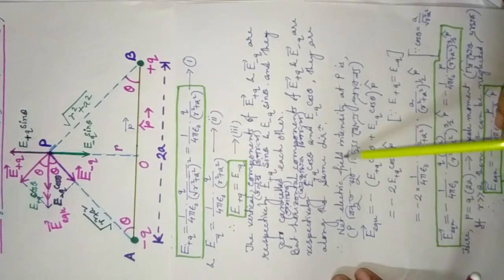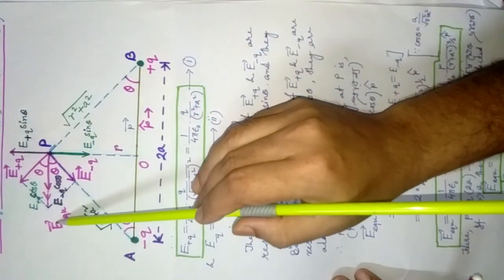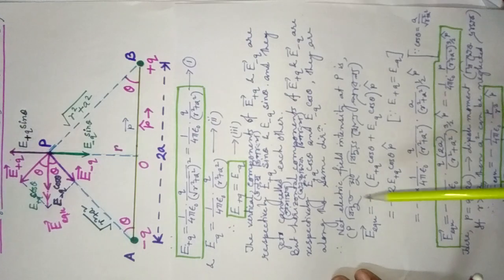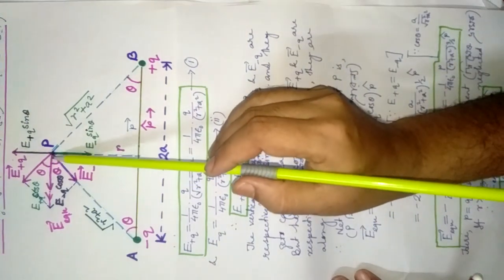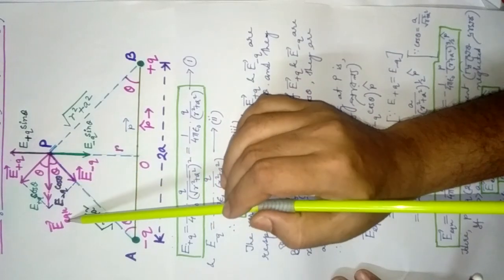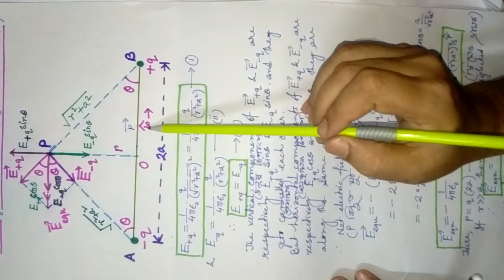Now the net electric field intensity at P is E vector EQ equal to, here in terms of vector I have to write, so I have to see the direction. The E vector EQ is opposite to P cap, so minus P cap.